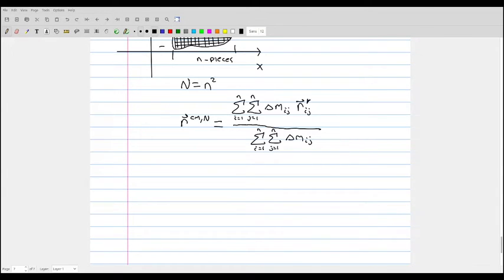So again, this is our sample point. This point is Rij star.